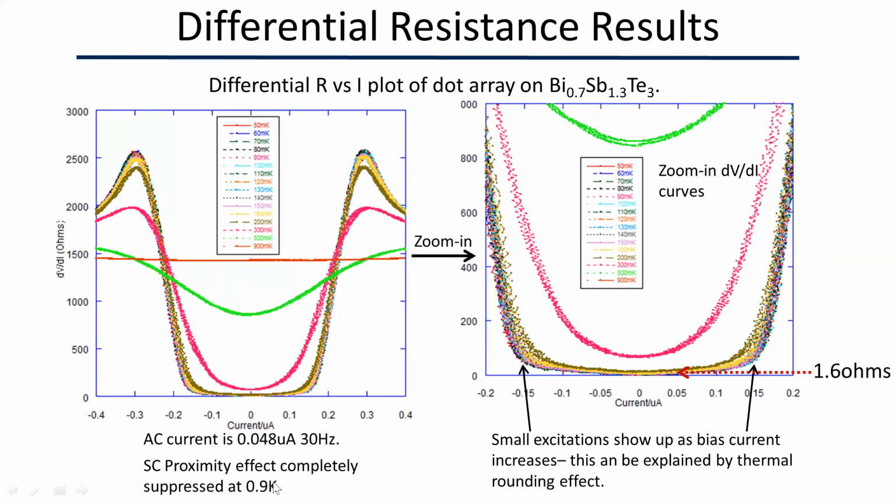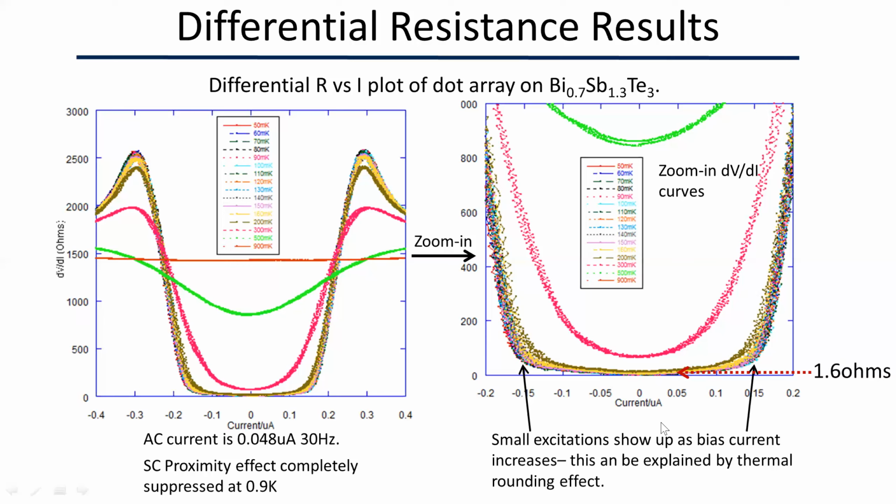This agrees with the RT measurement. If we take a closer look at the lower current range, there's a small excitation that shows up as the bias current increases, and the lowest point of this curve gives you the 1.6 ohm differential resistance, so it's almost zero.